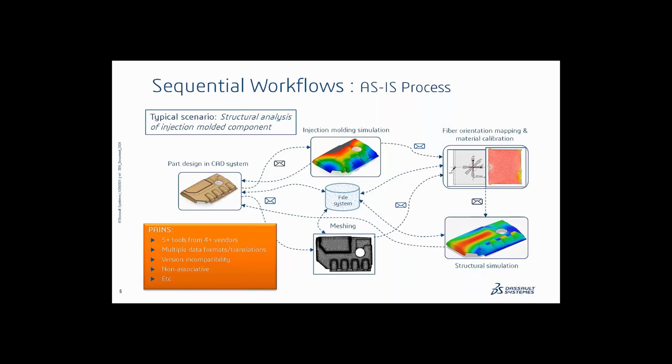So again, somebody has to import the CAD into yet another package, clean it up, et cetera. And then oftentimes what we're going to do is take the results from the molding simulation that has fiber orientations and maybe material properties, and map those into the structural simulation, oftentimes done with yet another tool or maybe in-house scripts and so forth, and then ultimately we get to the structural simulation.